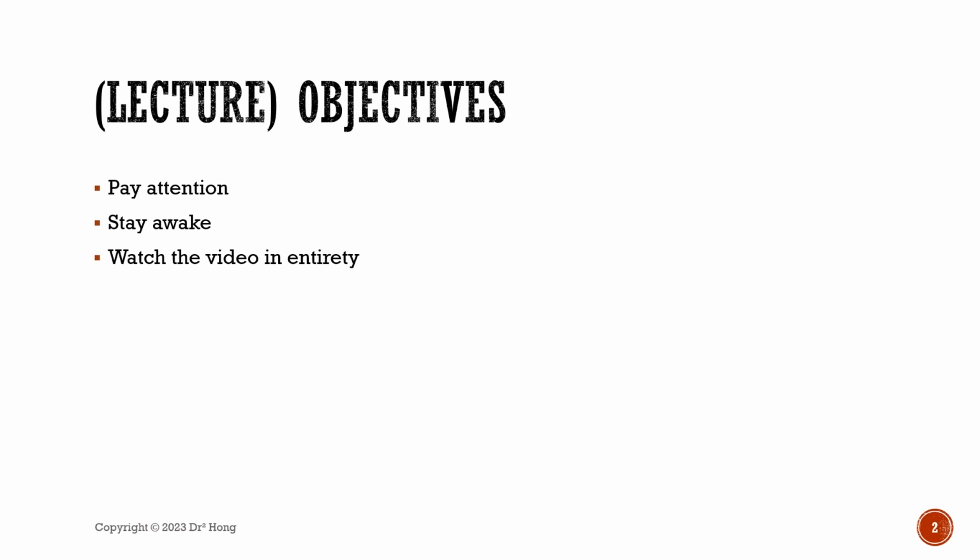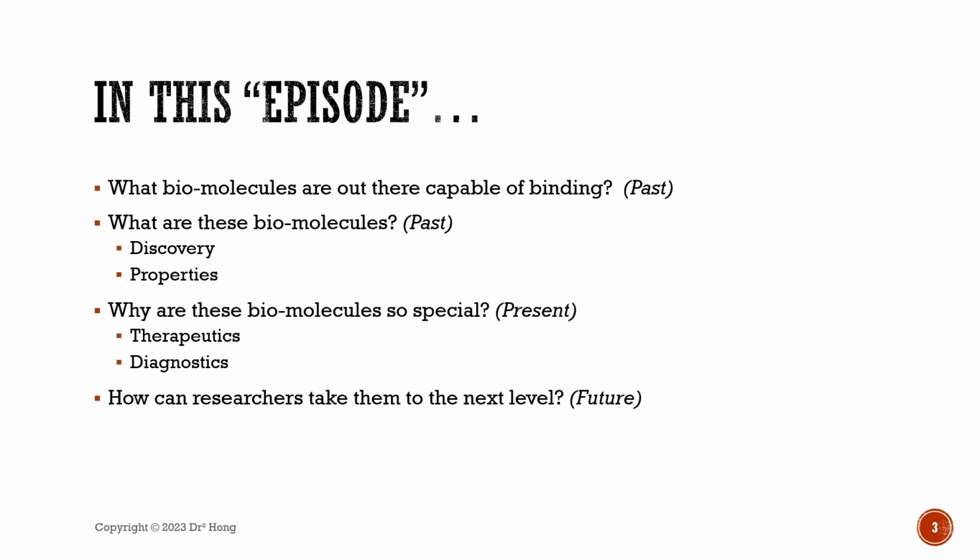How about that? So in this two-part series, in our last episode, we talked about how directed evolution helps us generate new enzymes and also screen for new antibodies or antibody fragments.